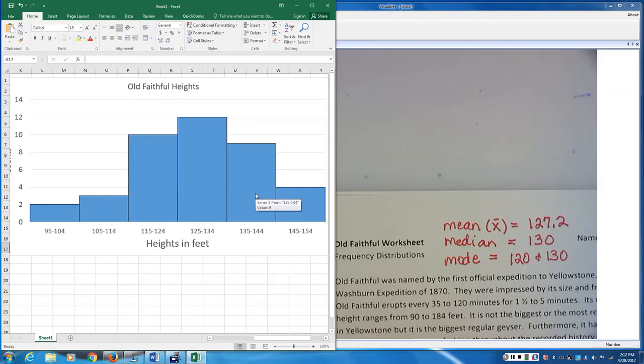The mean was 127.2. Which bar is that in? That one. Because it's 125 to 134. So the mean, if this were actually 10 numbers, probably falls right about there, where I've got my cursor at the top of it.